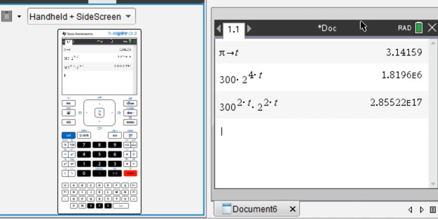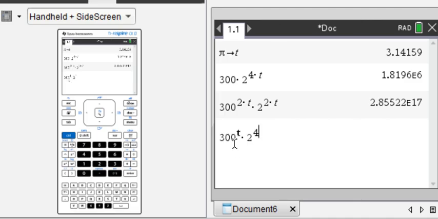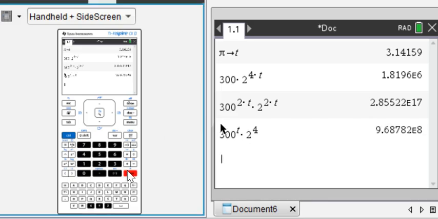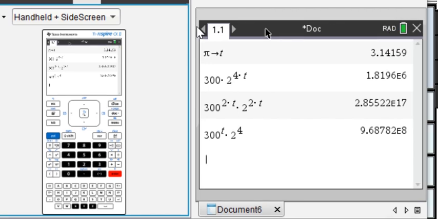So now I'll try the next one up. So 300 to the t power times 2 raised to the 4 power, and I get a number a little bit larger than my original. Remember, I'm comparing everything to 300 times 2 raised to the 4t power. So I've eliminated 2 wrong answers.